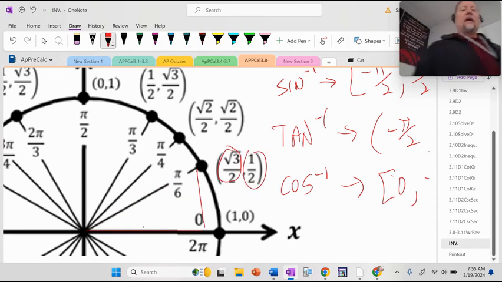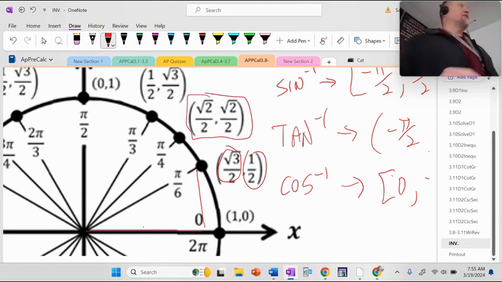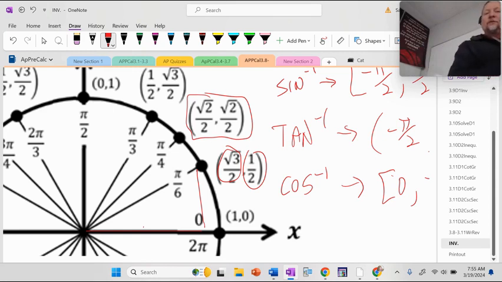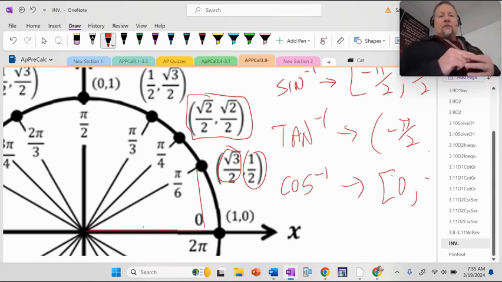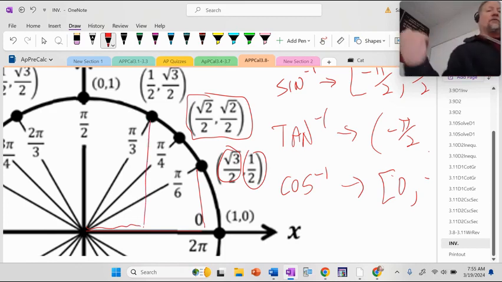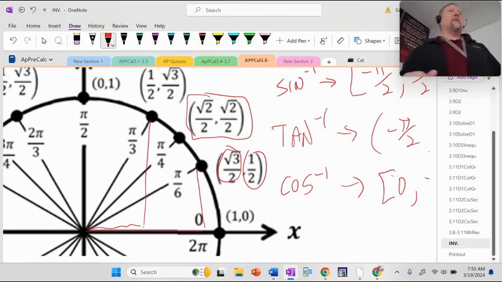That's why the cosine of pi over 6 is root 3 over 2 and sine is 1/2. 45, please, that should be memorized: root 2 over 2 comma root 2 over 2. And then shorter, longer: 1/2 for cosine, root 3 over 2 for sine at pi over 3.